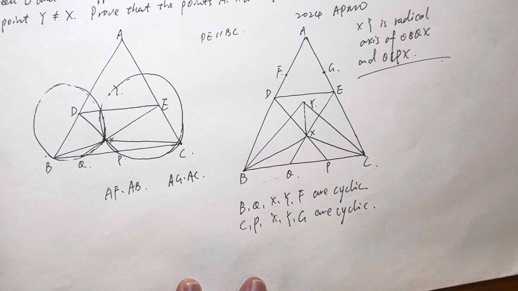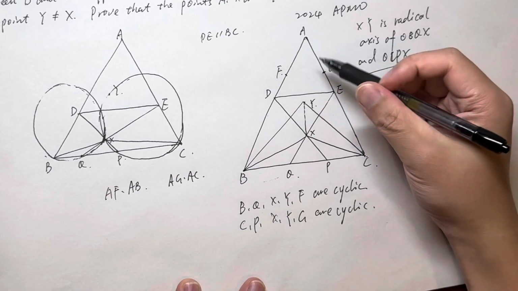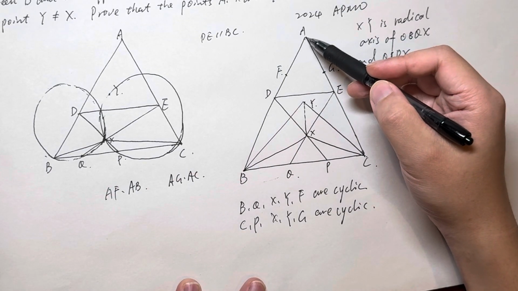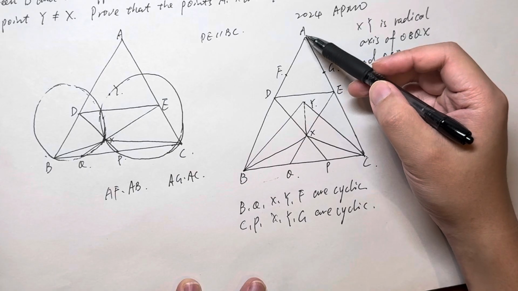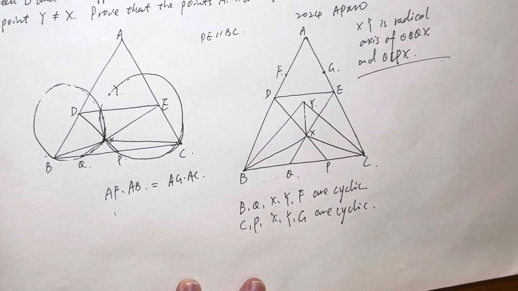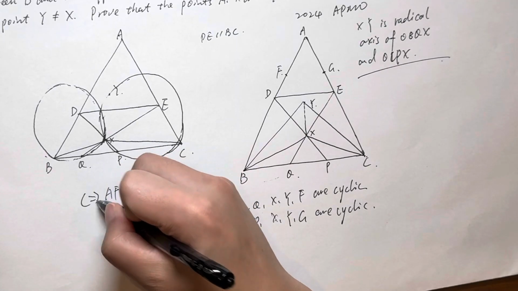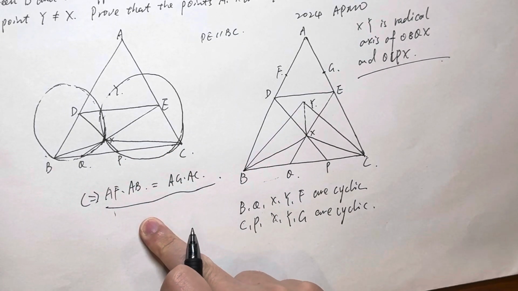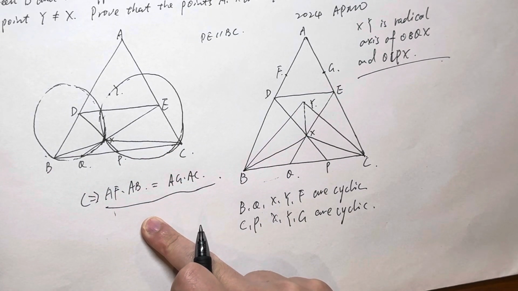If A is on the radical axis, that means these two powers are equal, which means we can prove this equation to prove that A is on the radical axis.